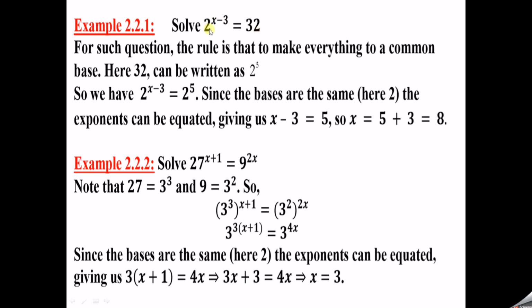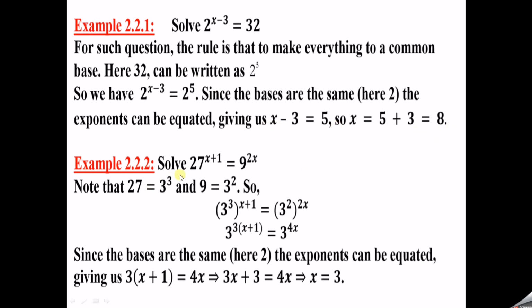Here 2 is always a prime number, so we leave this left hand side as it is, and we try to write this 32 as a power of 2. Here 32 is 2 power 5, so we substituted 2 power 5 in place of 32. Then both sides of the equation have the same base 2, so we equated the exponents or the powers and we got the value of x.